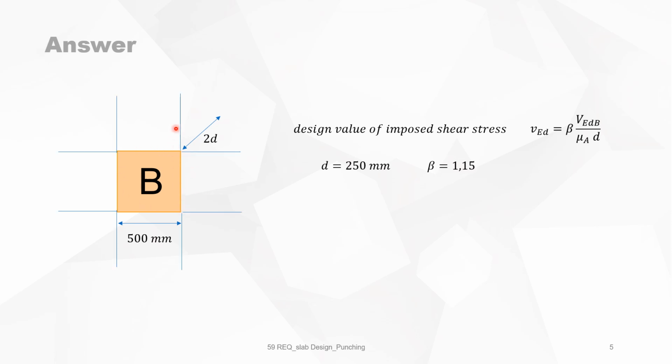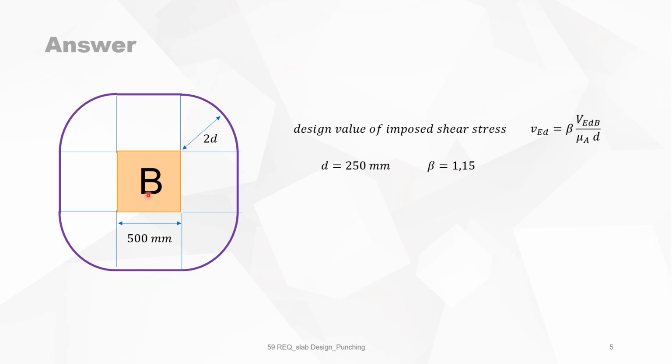We got that 4 times in the 4 corners, so that the total critical circumference is of course 4 times 500 plus a full circle with radius 2d.